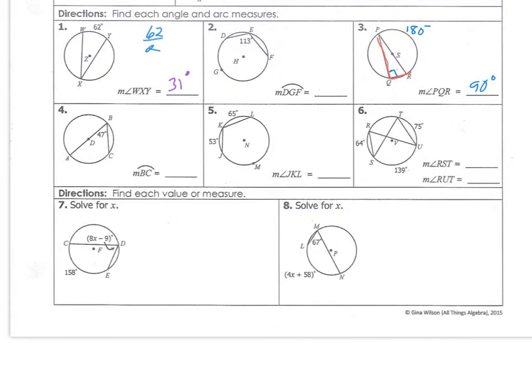Then look at question 4. For question 4, they want the measure of arc BC, which is right here. Well, what is AB as far as chord AB? It's a diameter, right?